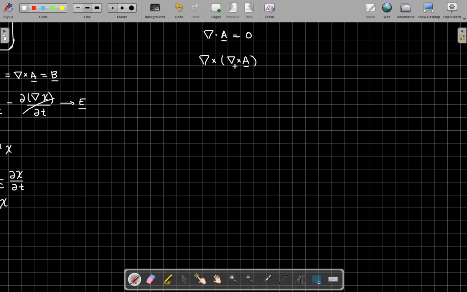So this is just the curl of B, right? This is curl B is equal to mu j plus 1 over c squared derivative with respect to time of E, which is minus grad of phi minus dA dt, right?